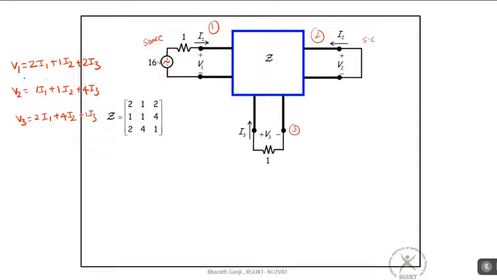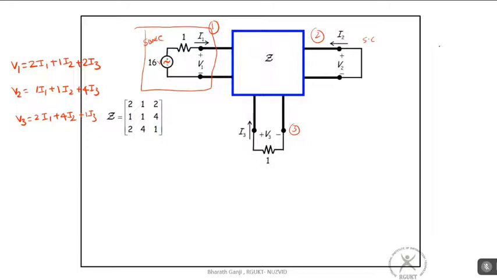Now, the voltages and currents are not given at every point. We have to get the relationship. So from this network, can you tell me, is there any relationship between these voltages and currents? Can I write anything?